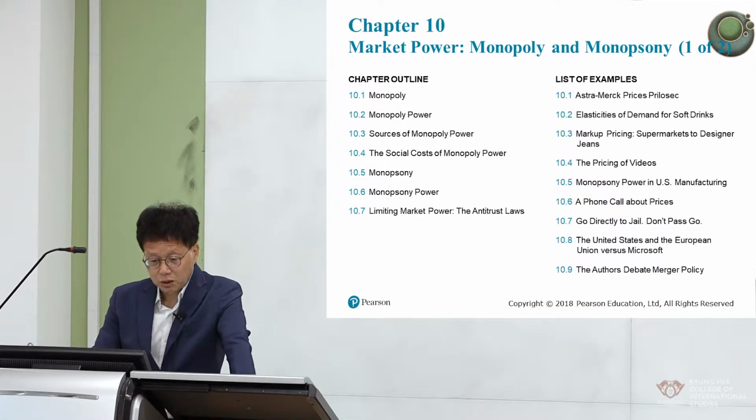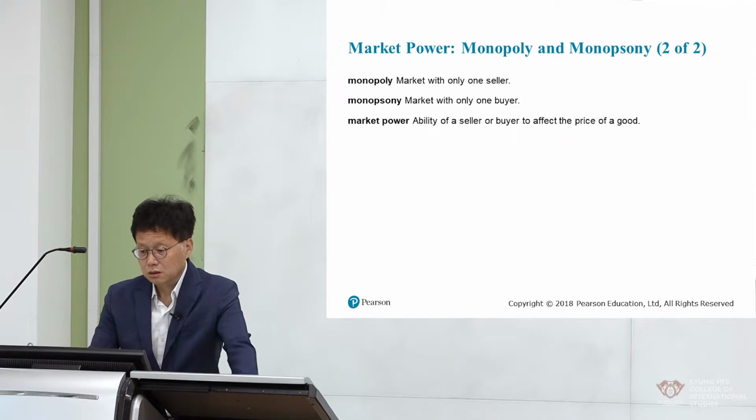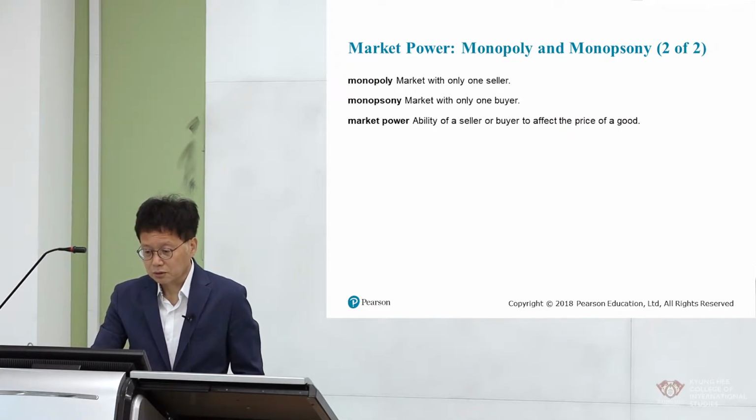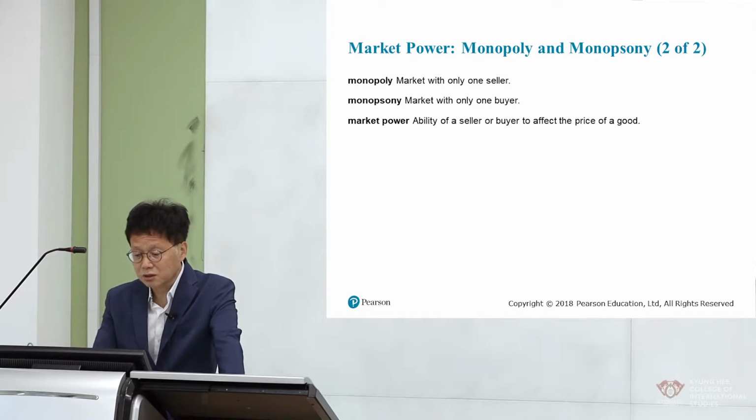So, first, monopoly: a market with only one seller. Monopsony: a market with only one buyer. Market power is the ability of a seller or buyer to affect the price of a good, an influence on the price.